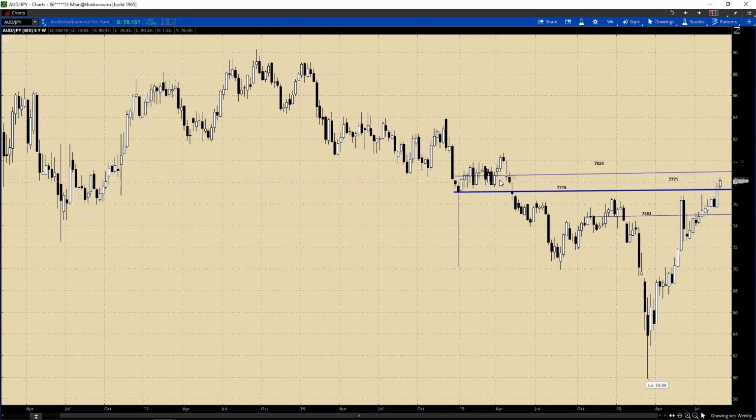See this low here comes in at 78.18. It's had a pretty phenomenal run.